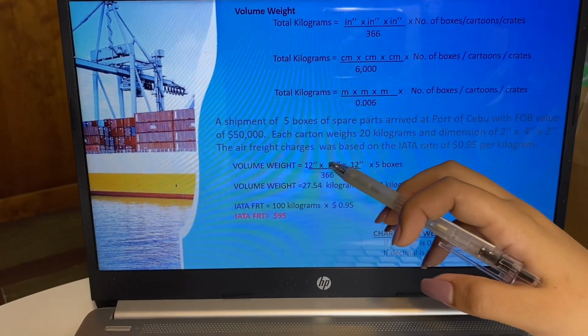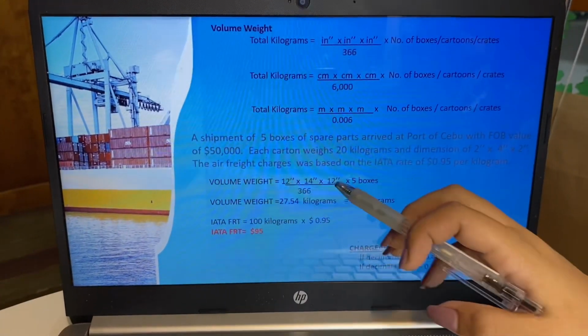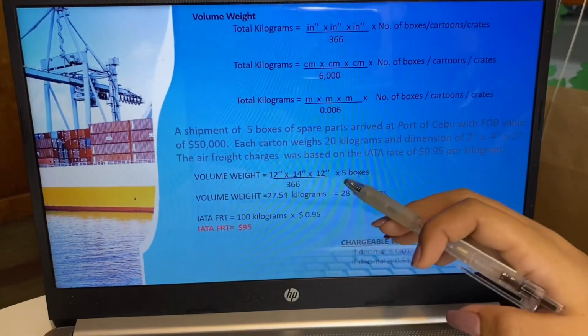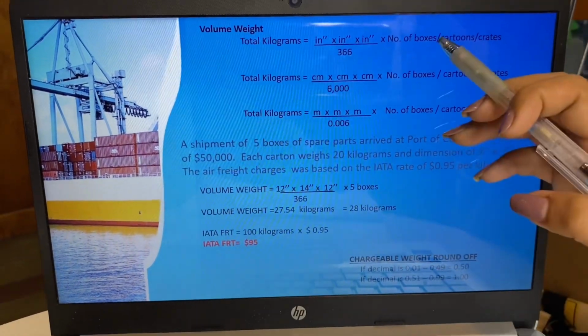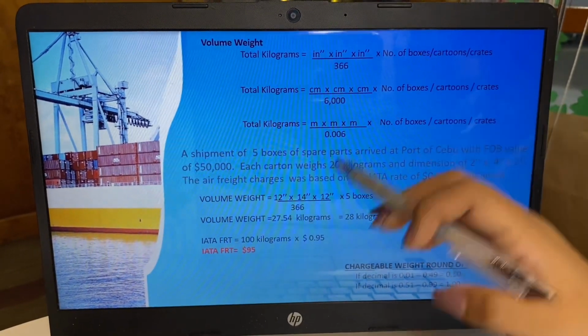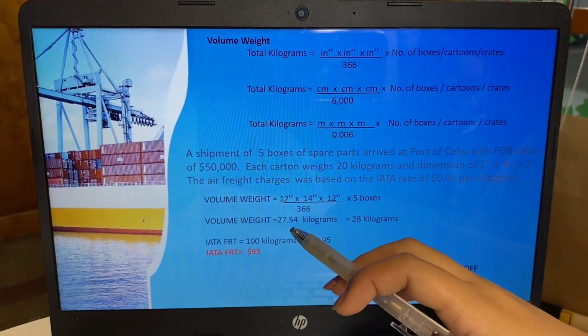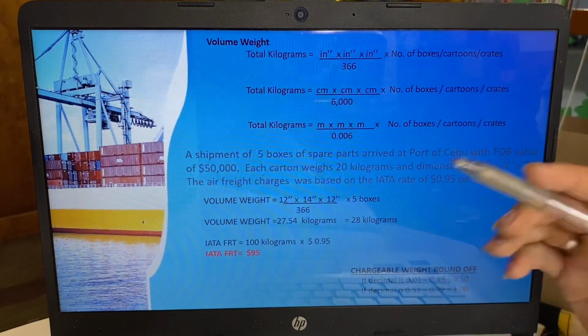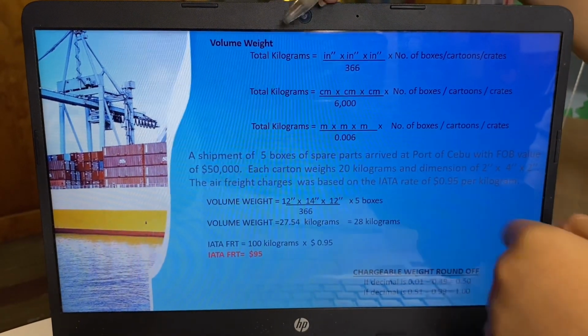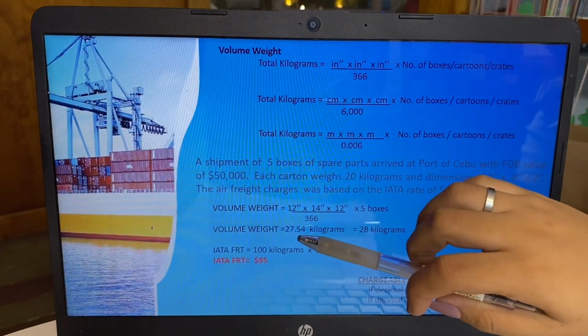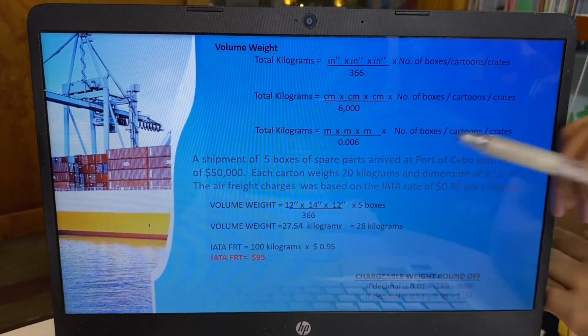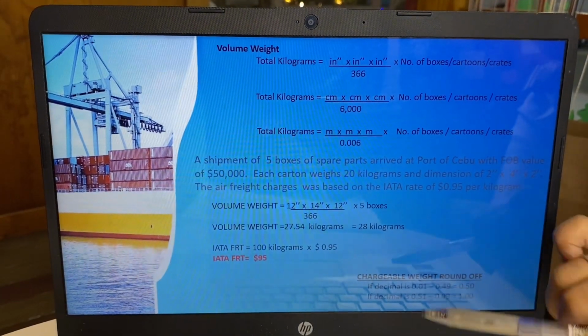So 12 times 14 times 12, divided by 366, multiplied by the 5 boxes. So you would get 27.54 kilograms.